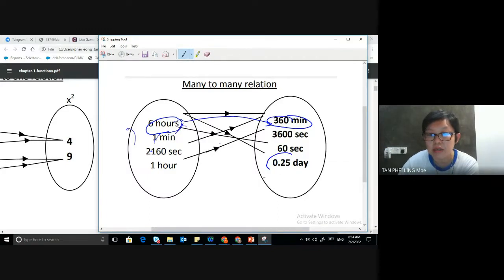When this happens, this is one object, and then you get many images.